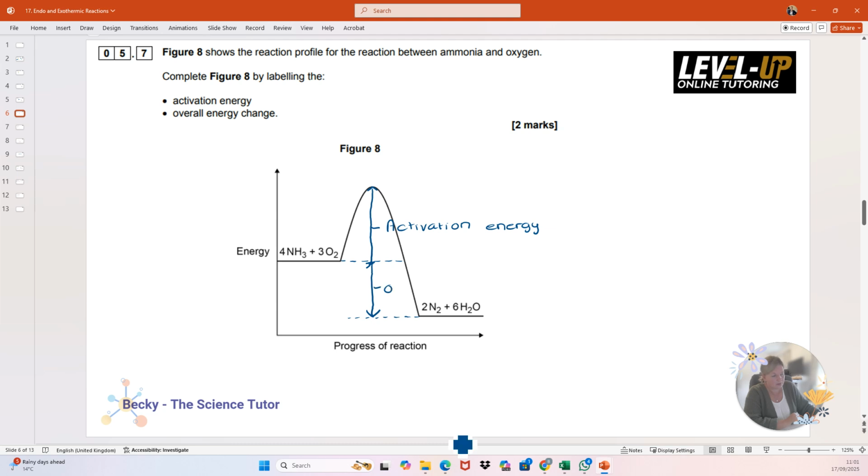So this would be our overall. Okay, so you see how it's important to know what these labels are, what this little graph is telling us.